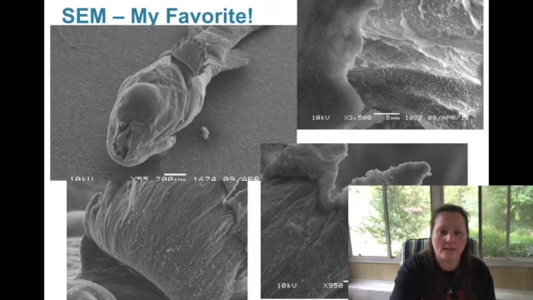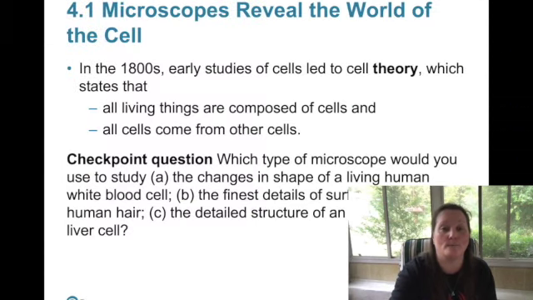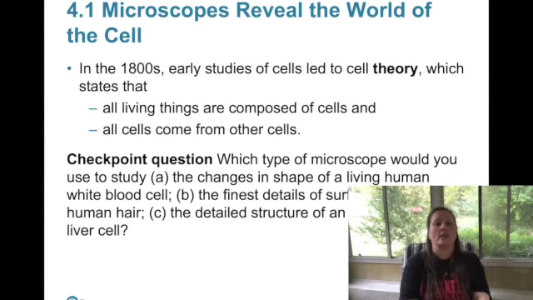So notice times 370. And then this is times 950. So this right here is this right there. And so this gets to show you just how close and detailed you can get with the scanning electron microscope. Pretty cool.